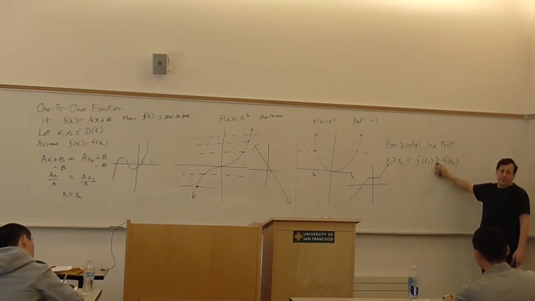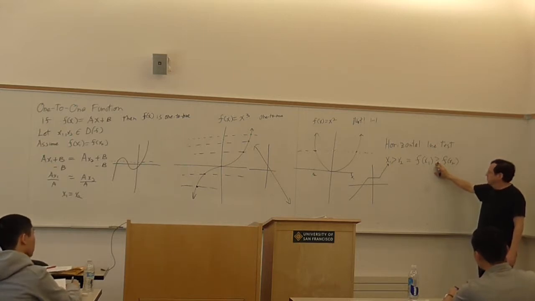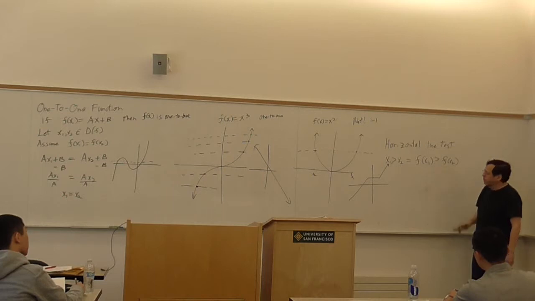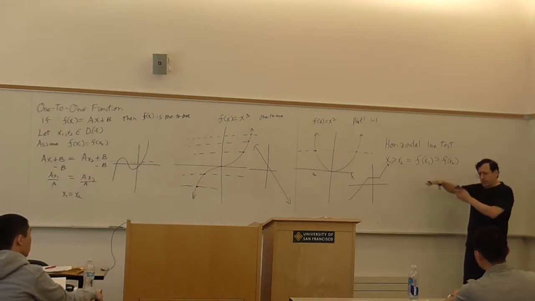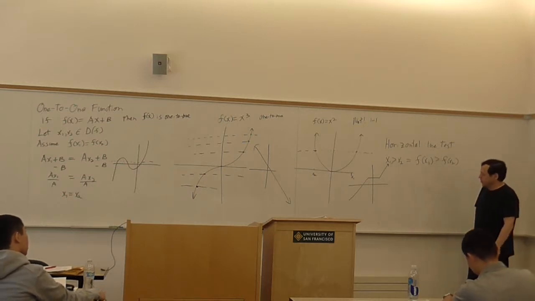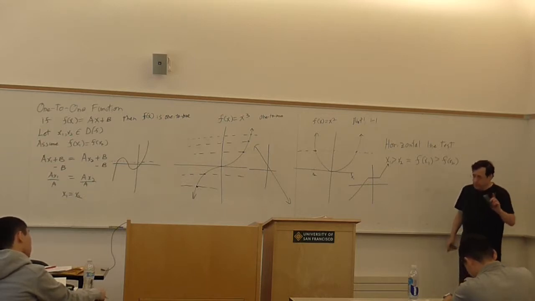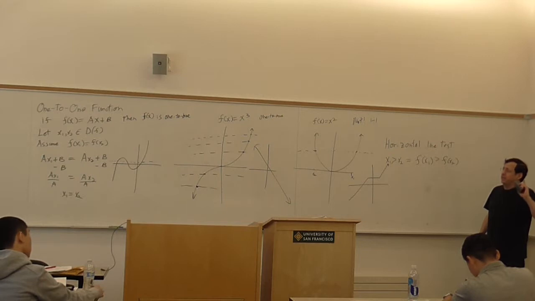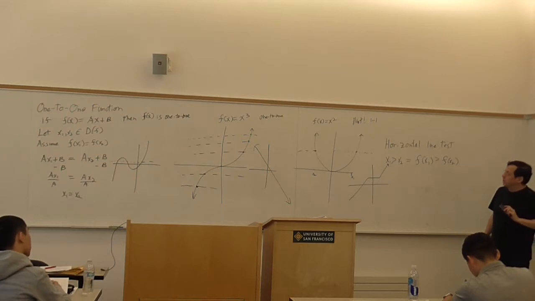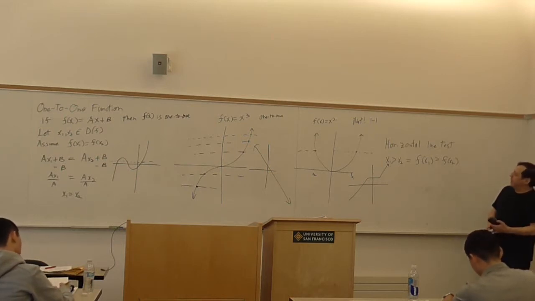This is called a strictly increasing function. There's no equal here. And similarly, you could have a strictly decreasing function. And the pearl of wisdom here is if it's one-to-one, it's either increasing or decreasing. Well, actually, I've gone outside of my bounds here.